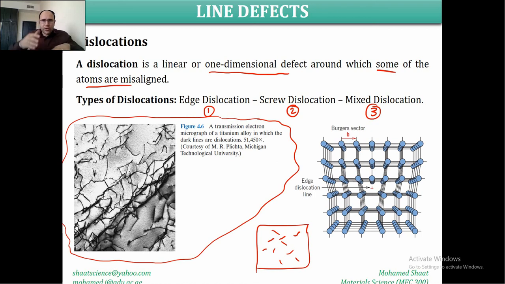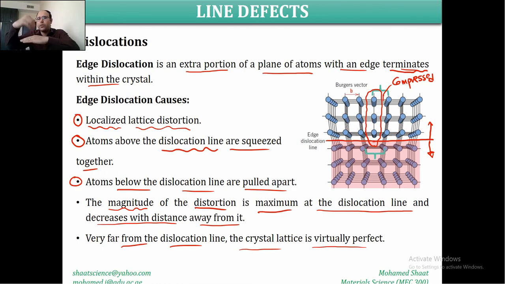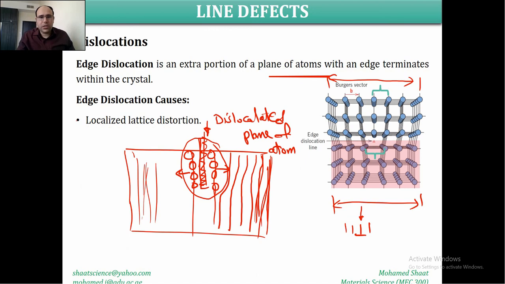In the edge dislocation, a portion of a plane is squeezed or inserted between different planes, resulting in these defects. The key condition is that this plane terminates inside the crystal structure. But if it is complete and goes from one end of the crystal to the other, it will not be counted as edge dislocation. It could be counted as a boundary between two different crystals, or grains.